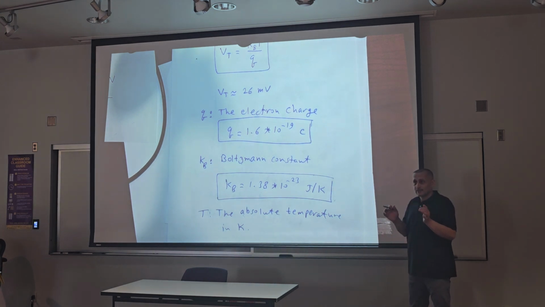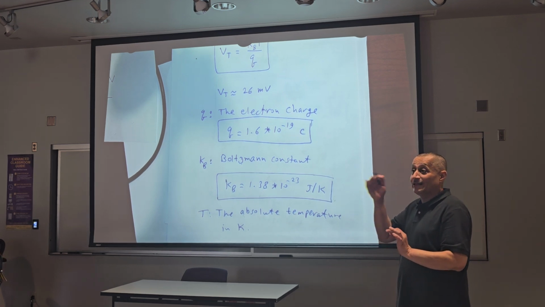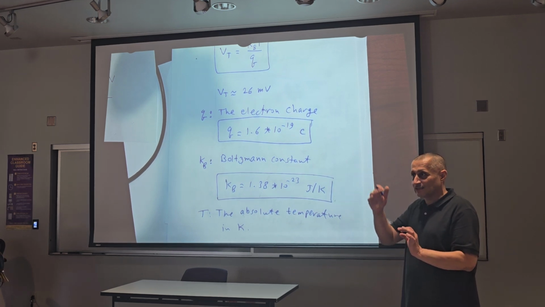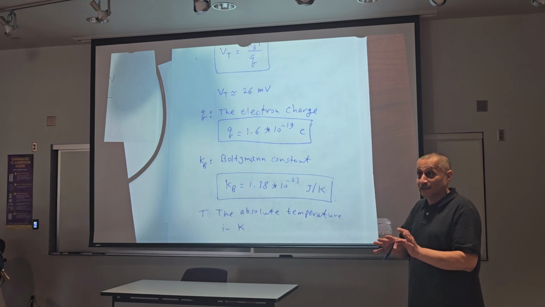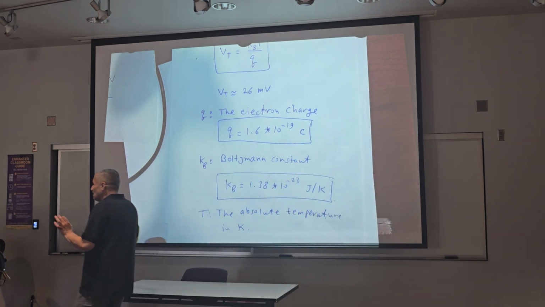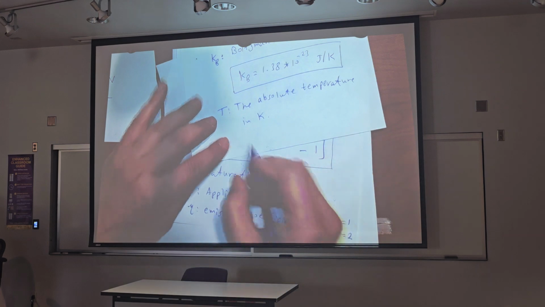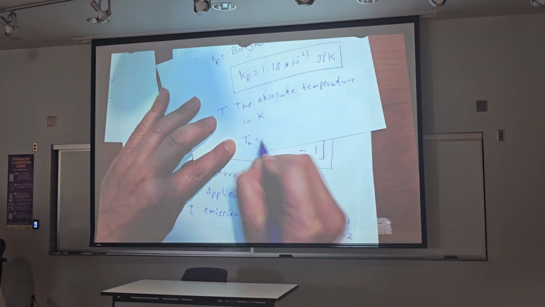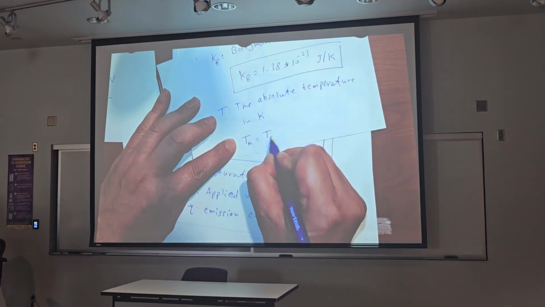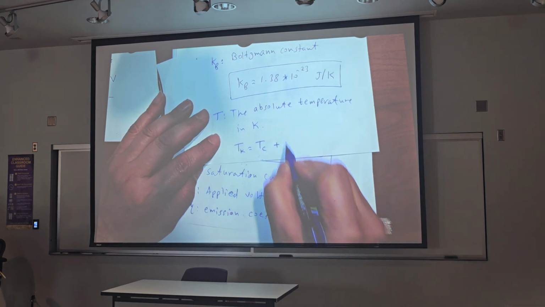It means the room temperature equal 27 degrees Celsius, centigrade. Yes, Celsius. Converted to Kelvin, plus 273. Temperature in Kelvin equals temperature in Celsius plus 273.